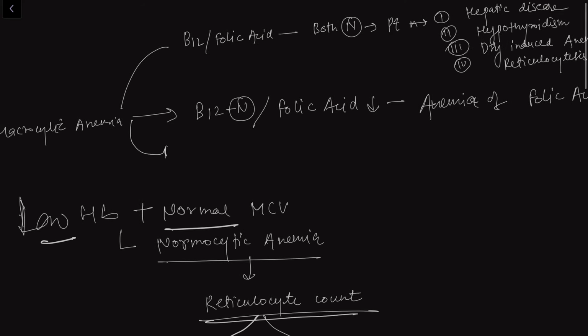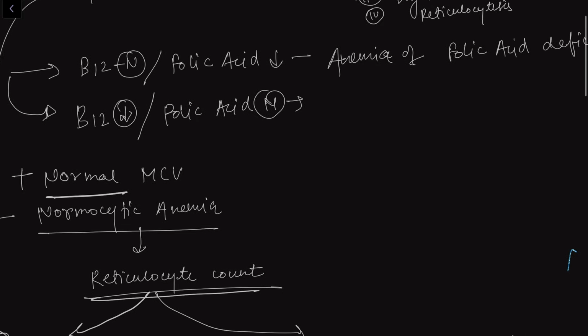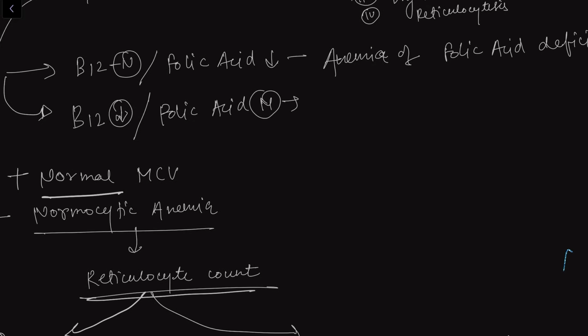If B12 is low and folic acid normal, then anemia due to vitamin B12 deficiency.